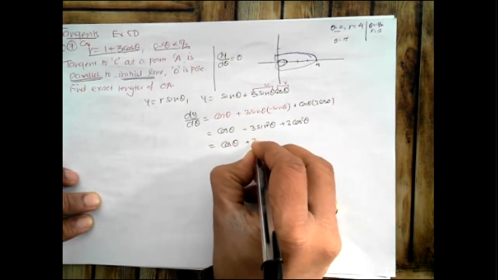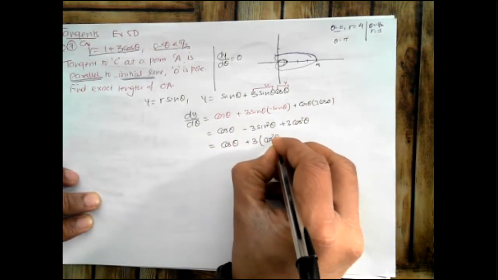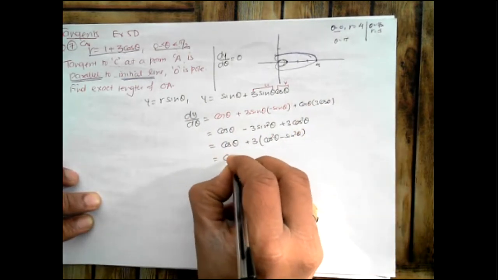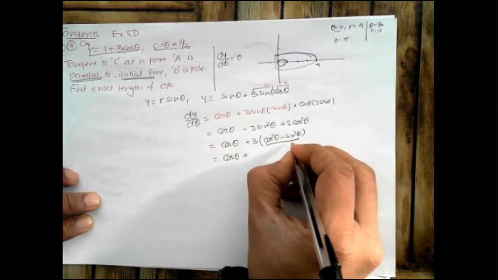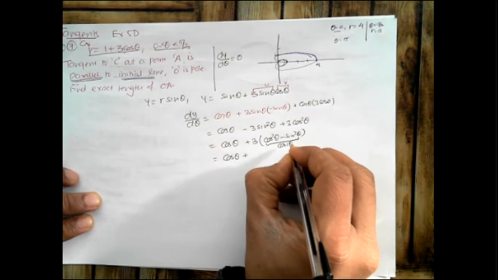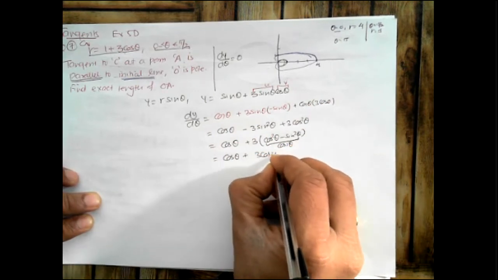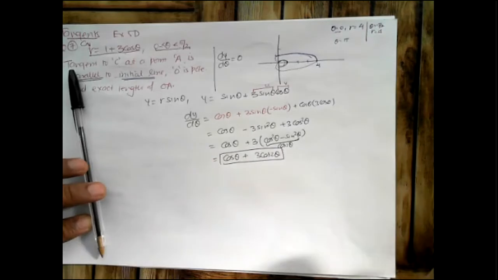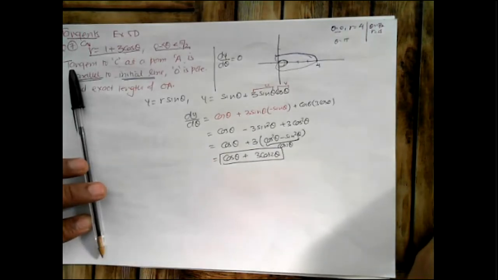Simplifying, knowing your trigonometry, guys, this is cos squared theta minus sine squared theta. That gives you cos theta plus, this is cos 2A, that is 3 cos 2 theta. Right, so I've got this as my differentiation. I have to put this equal to 0. Let's see if you can solve this equation, people.